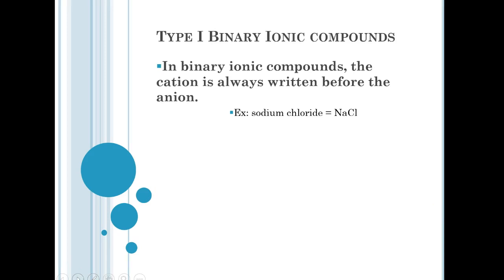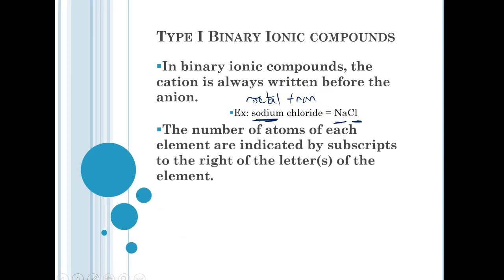So in binary ionic compounds, the way it's written is the metal part, the cation, is always written before the anion. So it's usually metal, and then non-metal, in that order. Okay. The numbers of atoms of each element are indicated by subscripts. That would be numbers written down low. There aren't any here, so you can assume it's 1.